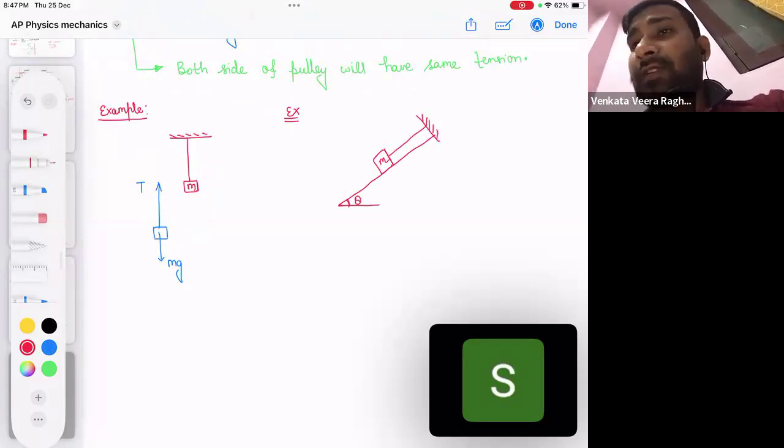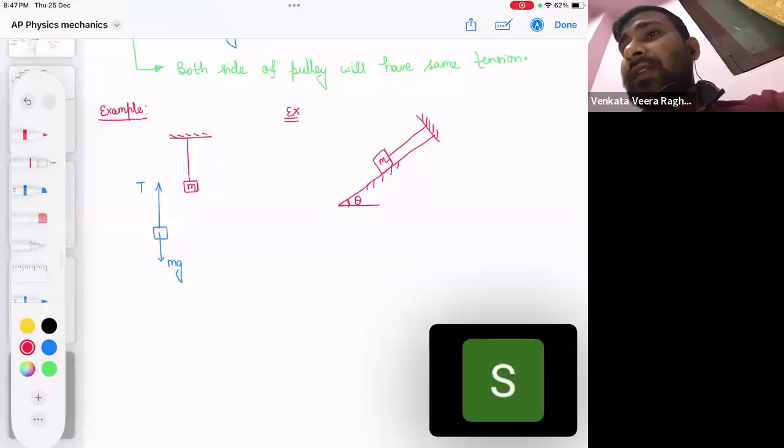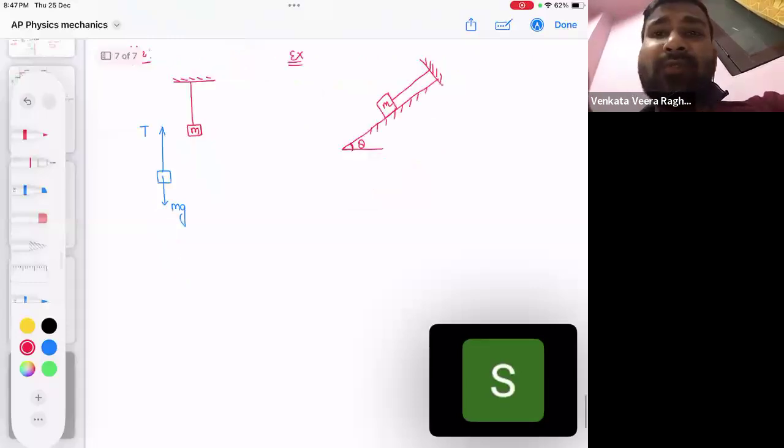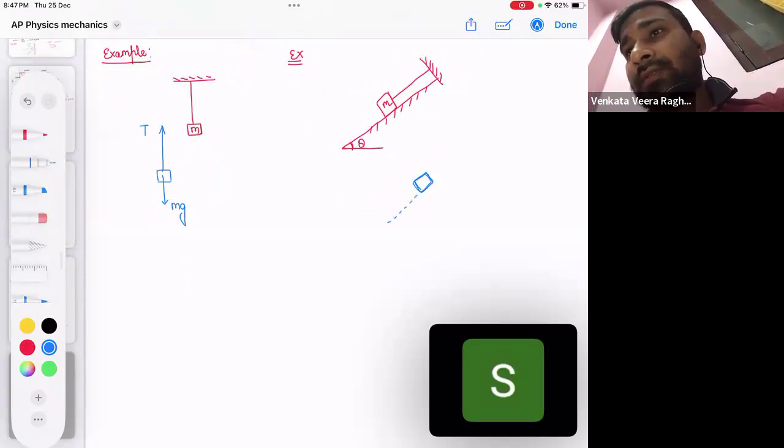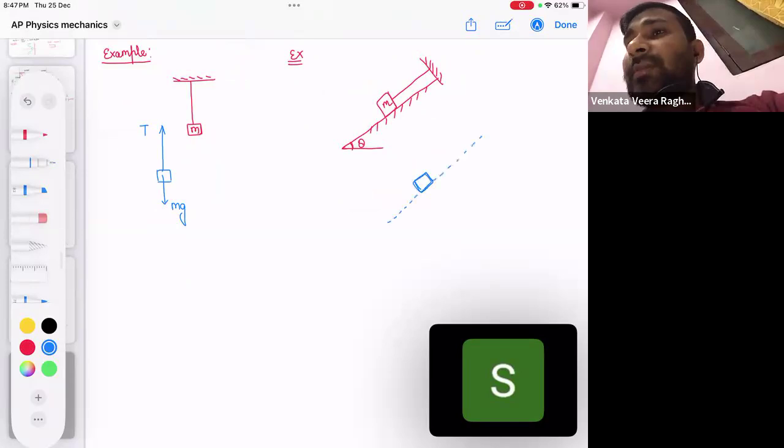It is a smooth surface. Now they are asking what forces will be acting on this block. How many forces are acting on this block? Three of them, sir.